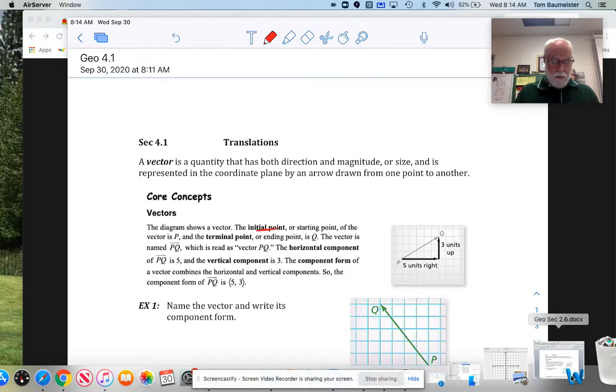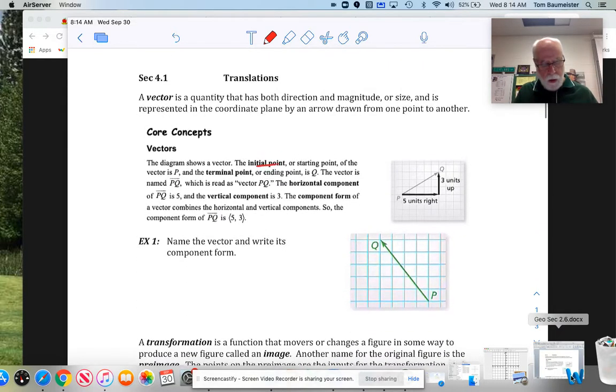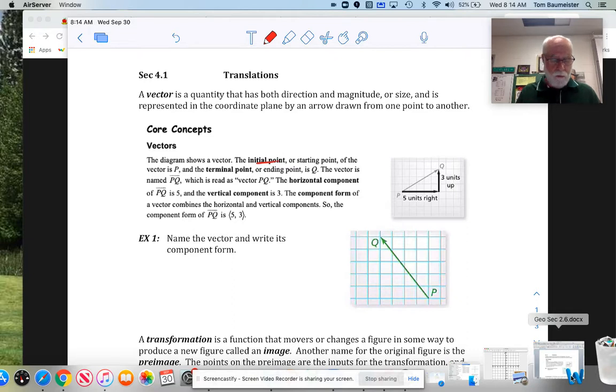And the vertical component is going up to the terminal point. All right. So on the one that they gave you there, the vector is <5, 3>. And notice how it's got these different kind of brackets, because remember, if it was regular brackets, it'd be a point.